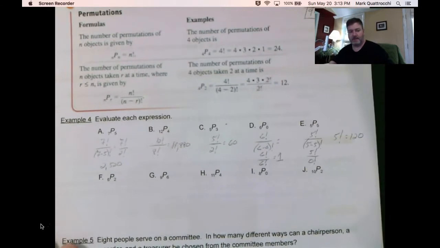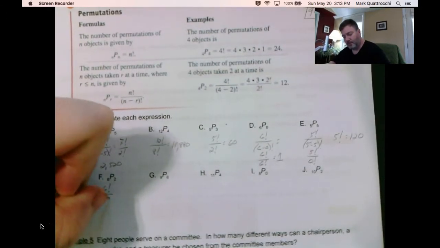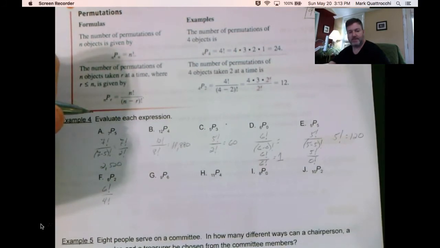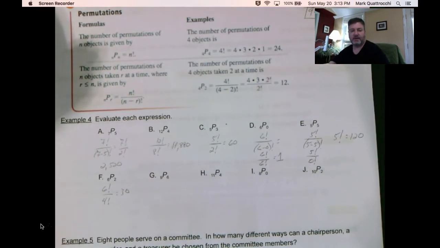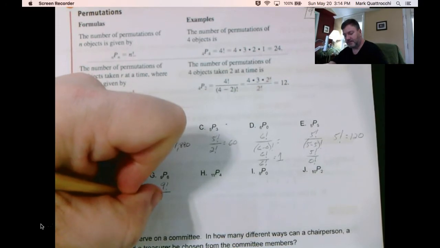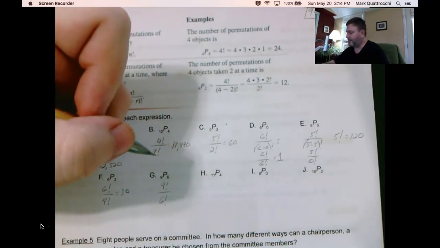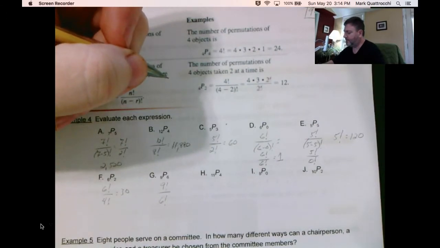Okay, 6P2, 6 factorial over 4 factorial is 6 times 5, or 30. Sometimes they're nice and easy and you can do them right in your head. 9 factorial over 6 factorial, divided by 6 factorial. 9 factorial divided by 6 factorial.